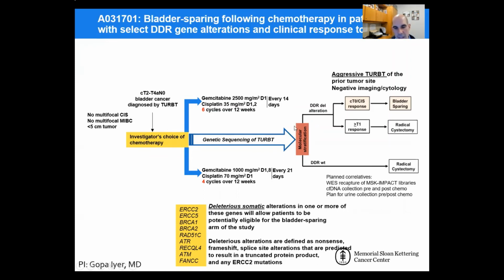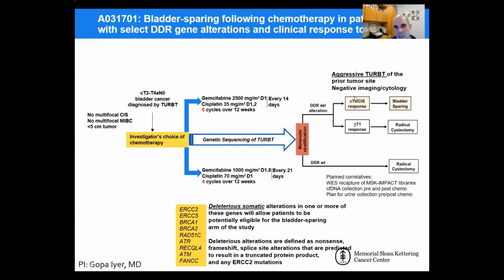And then based off their molecular profile, if they have a DNA damage repair gene alteration present, then they're undergoing a post-chemotherapy TURBT, and it is described as aggressive because we want to make sure that there aren't any deposits that are subepithelial.